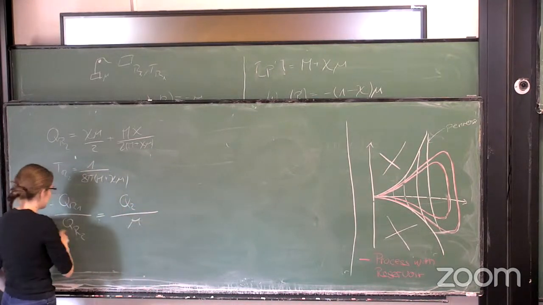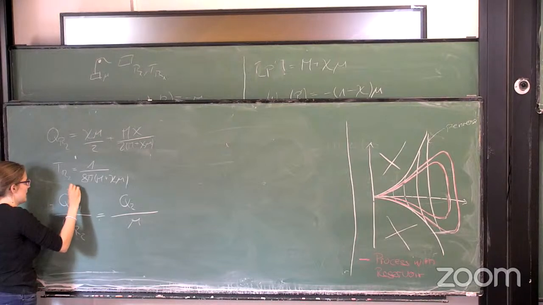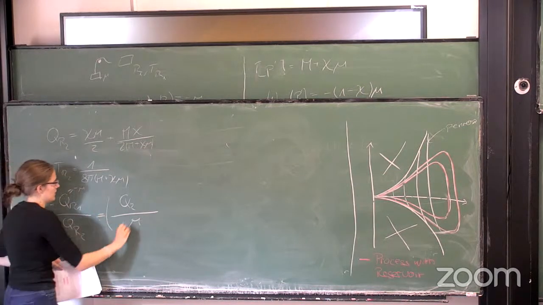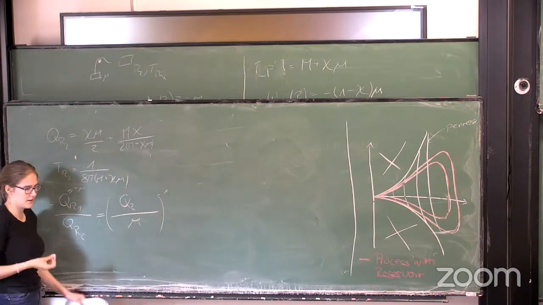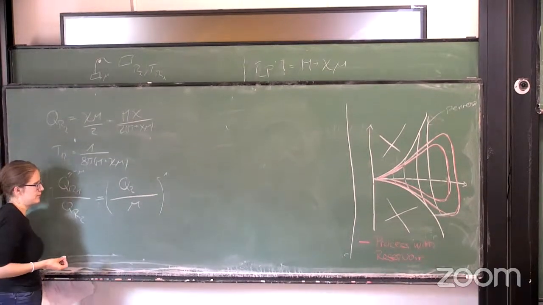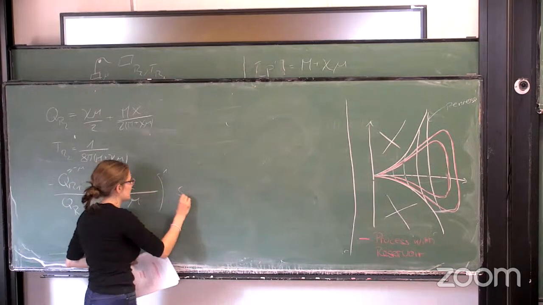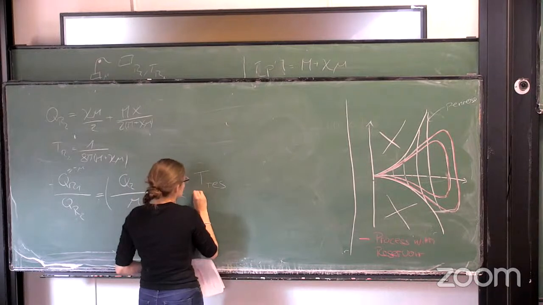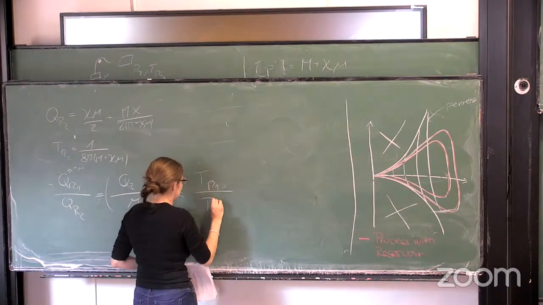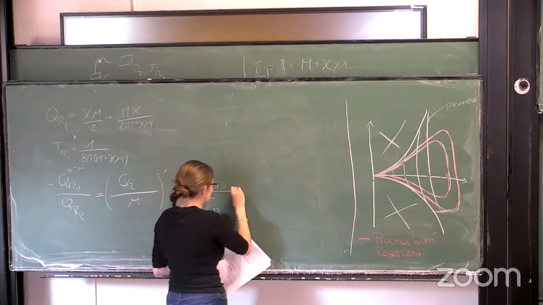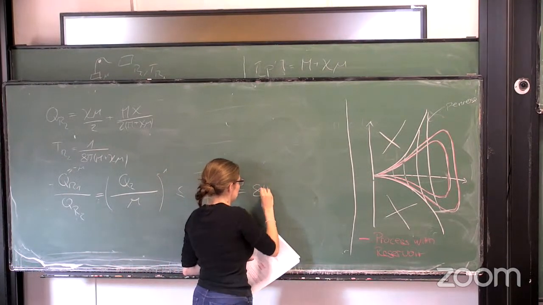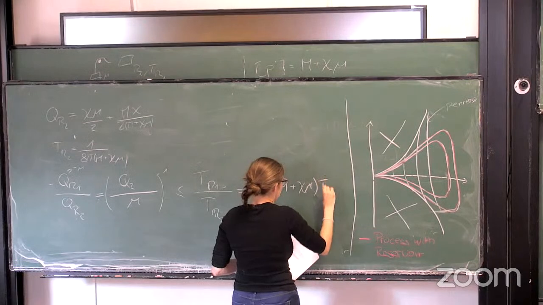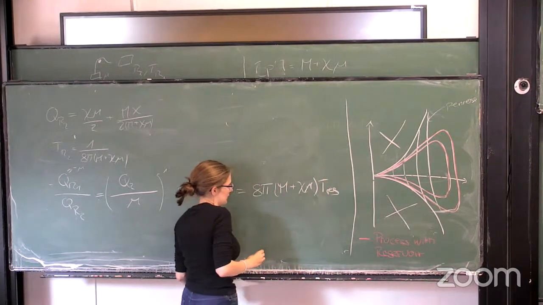So the heat flowing into reservoir R1 is just given by minus mu, because we take out energy mu from the reservoir. And this has to be smaller or equal than the temperature of the reservoir R1 over the temperature of the reservoir R2, which, if you calculate it, is 8 pi m times the temperature of the reservoir.